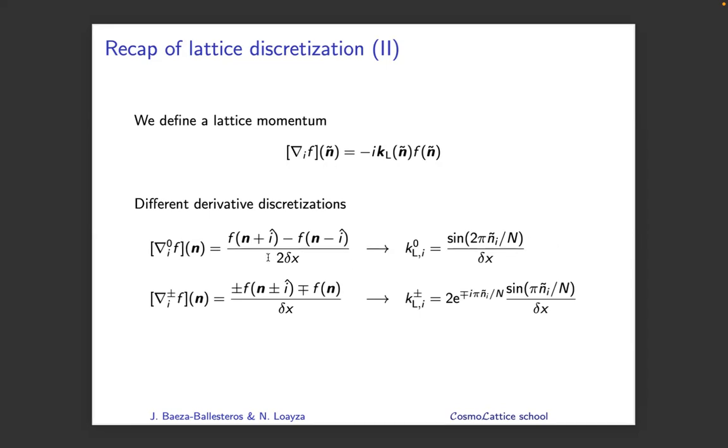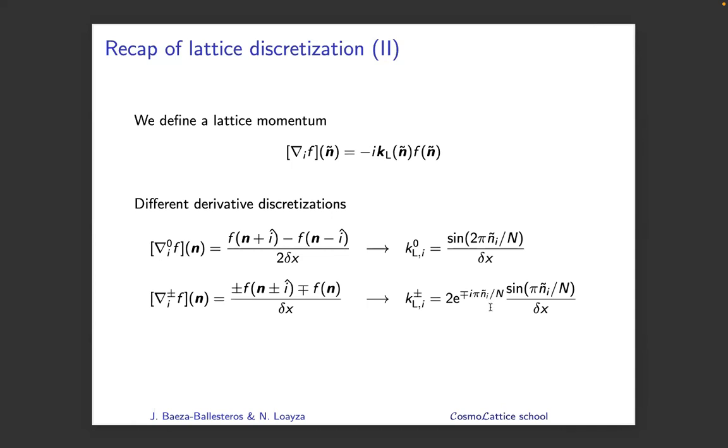For example, if I choose my derivative to be centered on the lattice site, so I'm just taking finite differences between nearest neighbors, my lattice momenta will be real valued. But if instead I choose the forward or backward derivative, my lattice momentum is now complex because of the phase here.